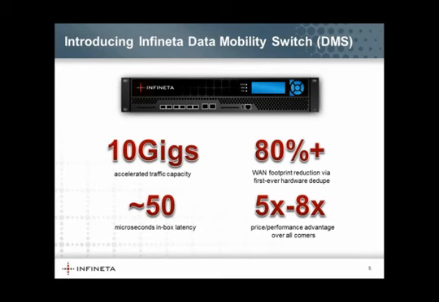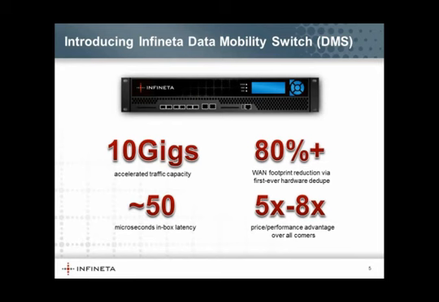The DMS can accelerate traffic at up to 10 gigabit ingress speeds and can do so while incurring extremely low port-to-port latencies. We are seeing port-to-port latencies in the tens of microseconds on the DMS. And let me call out, this is not milliseconds, it's microseconds is the latency measured on the DMS. And typically the latency band is anywhere between 32 microseconds to right under 100 microseconds in the absolute worst case.